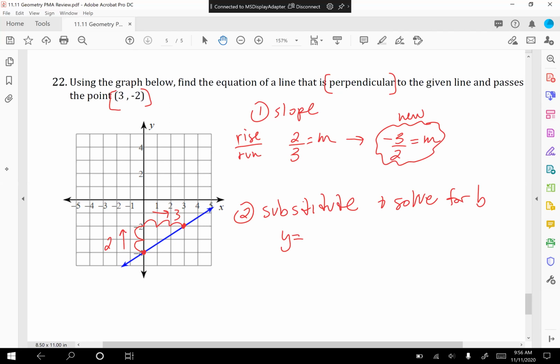So y equals mx plus b. Instead of y, I'm going to put -2. That's coming from my point. M is the -3/2. Put your x, which is 3, and then plus b.